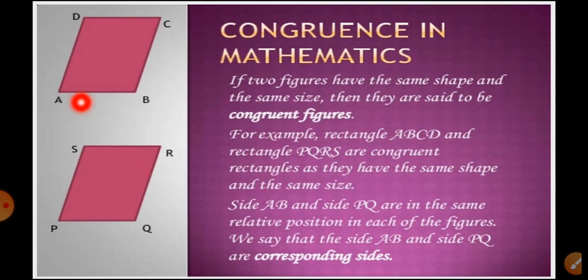Side AB and side PQ are in the same relative position in the figure. We say that the sides AB and PQ are corresponding sides. Also BC corresponds to QR and AD corresponds to PS. DC corresponds to SR.